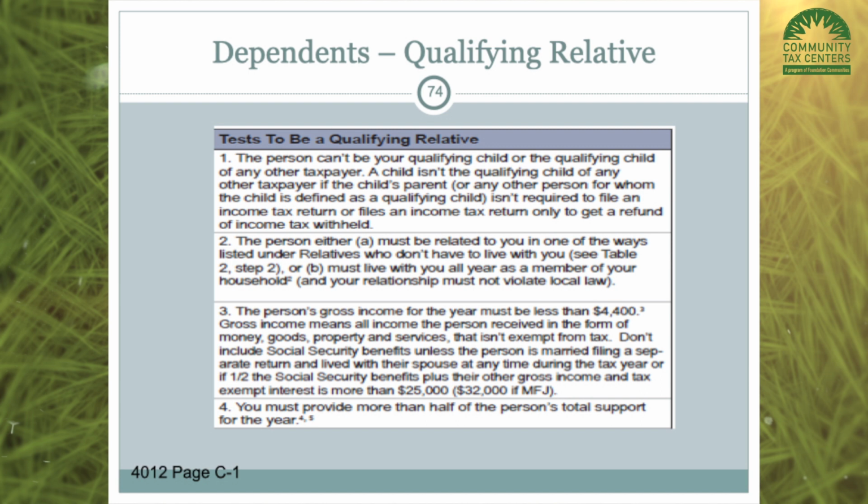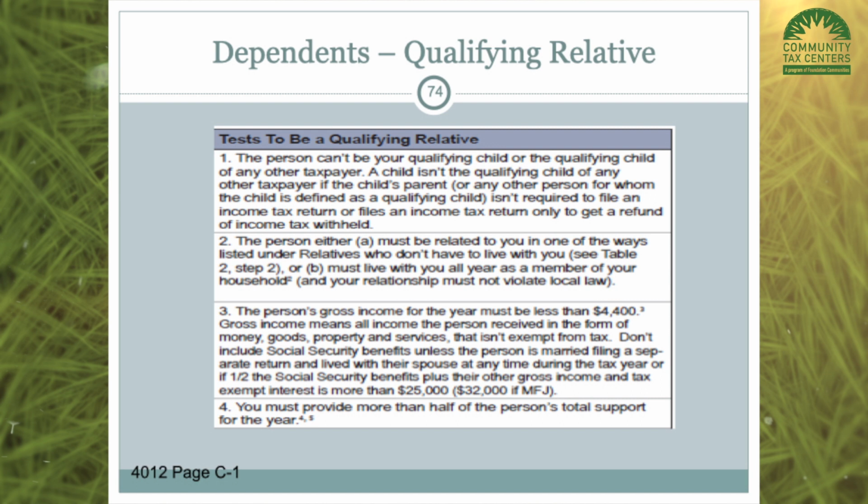Say, for example, I was taking care of my mother and her only source of income was Social Security, about $20,000 for the year. She's not married, and she's my qualifying relative because she is my parent. She is related to me.